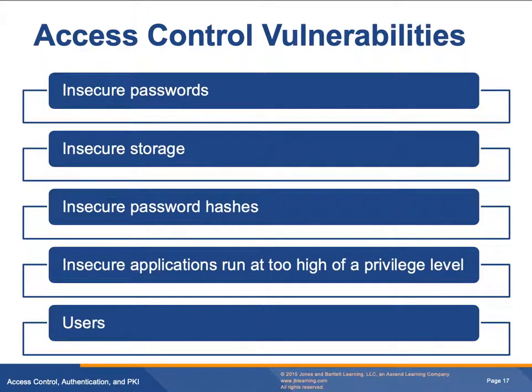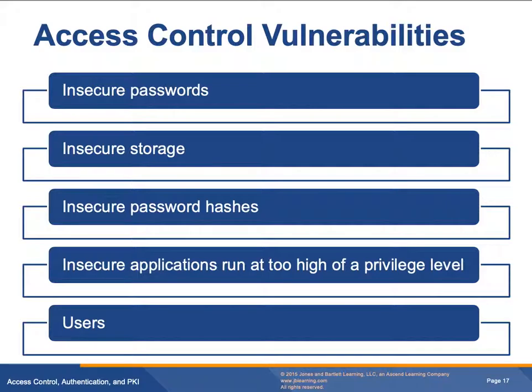Let's see, access control vulnerabilities, insecure passwords. There's still, believe it or not, in 2018, the number one password that was cracked was password1. Another one was 12345. I don't know if it was 12345 or 123456, but you can go out to the internet and see a list of 40 or 50 common passwords, which people are still using, which surprises the heck out of me.